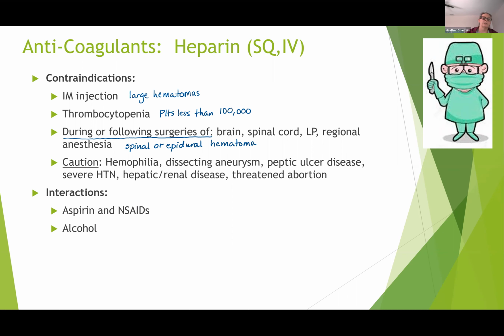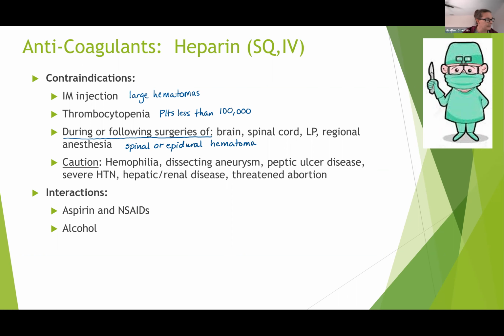Want to use caution with patients who have hemophilia. Hemophilia is when they're born genetically missing the recipe, per se, of making one of the factors. So it's usually factor 8. So they're missing one of the factors, thus it stops the coagulation process, right? So they have to get regular infusions of this factor in order to clot properly.